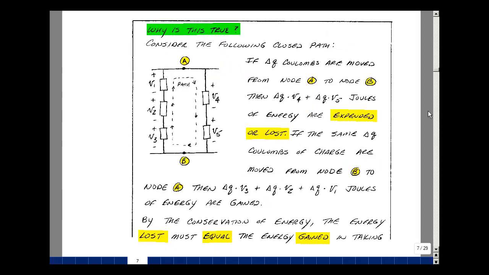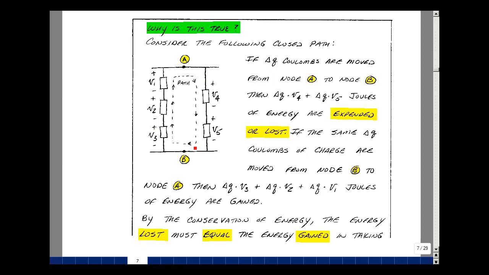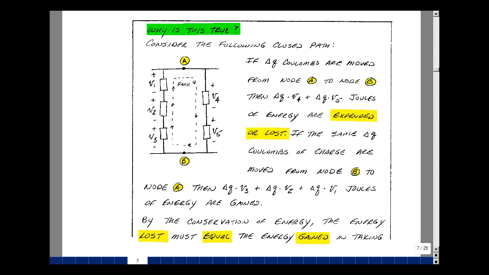Let's consider a simple example where I've got 5 elements, and I'm going to assign voltages V1, V2, V3, V4 and V5. And suppose I take a clump of charge and I move it along this path, or closed loop. So I'm going to have a drop in voltage, or a loss of energy, of the change in charge times V4 plus the change in charge times V5.